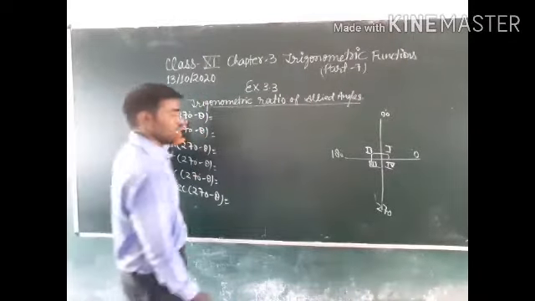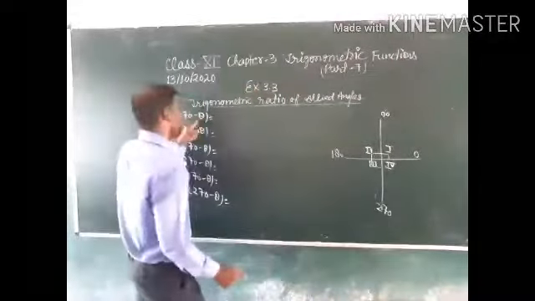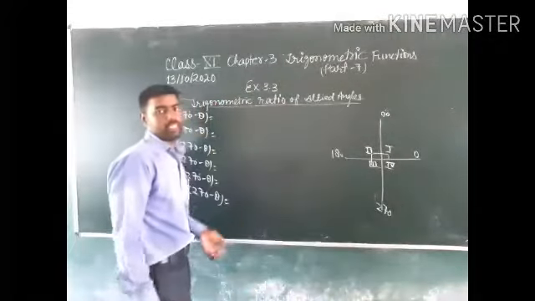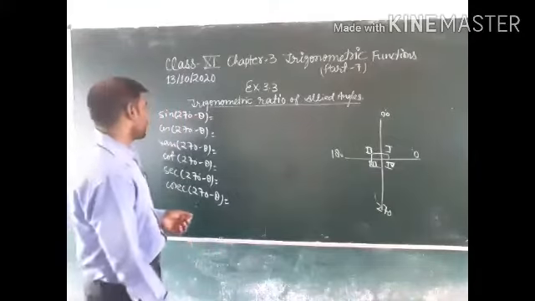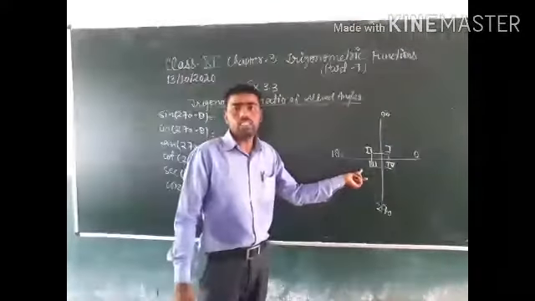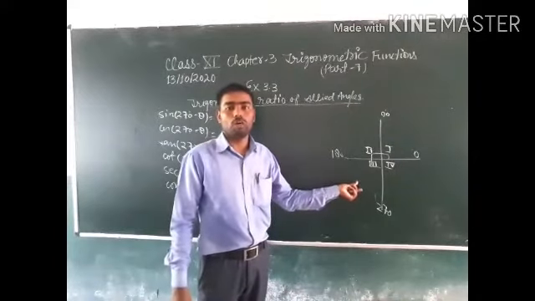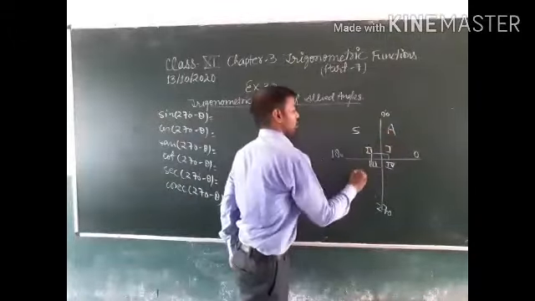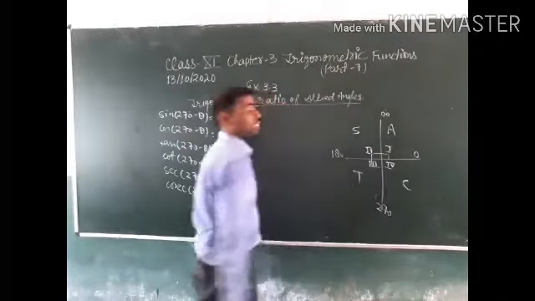270 minus theta belongs to the third quadrant, and you already know that in the third quadrant tan and cot are positive and other trigonometric functions are negative. All students of 8th class.